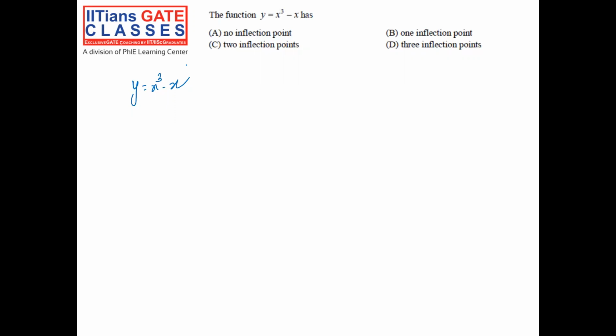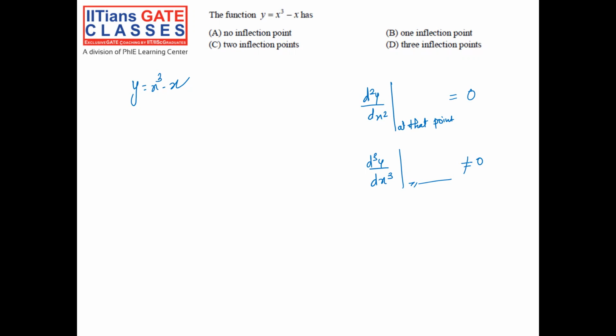The necessary condition of inflection point is if d2y by dx square at that particular point has to be 0, and d cube y by dx cube at that point should not be equal to 0. So this is the necessary condition in order to have a point of inflection.